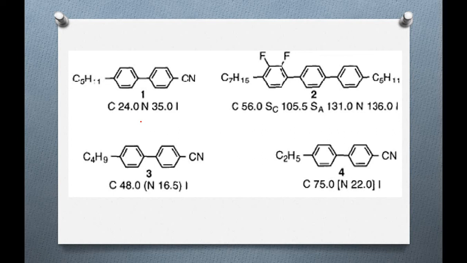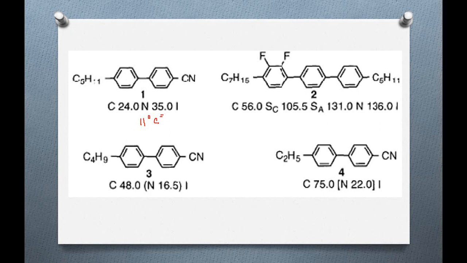So that means if the material melts, before that it is crystal. So C signifies crystal. Okay. So at 24 degrees centigrade it melts and it remains in the nematic phase till 35 degrees. So what is the nematic range? This minus this, that means 11 degrees centigrade is its nematic range.